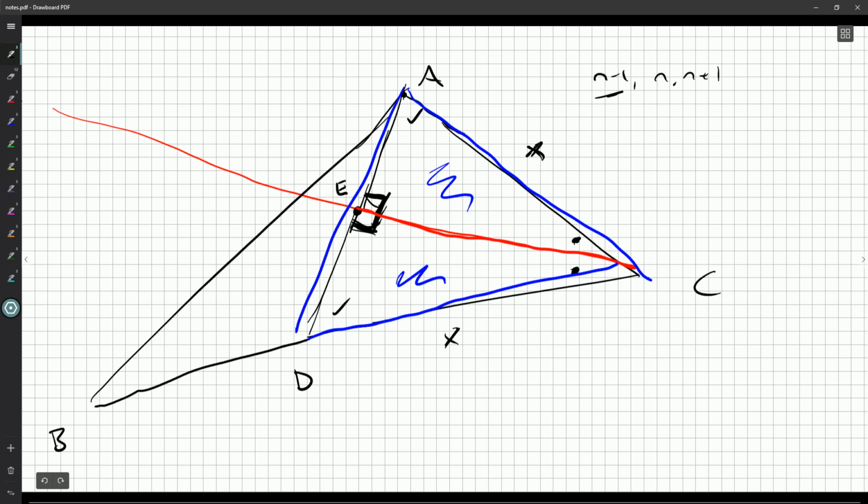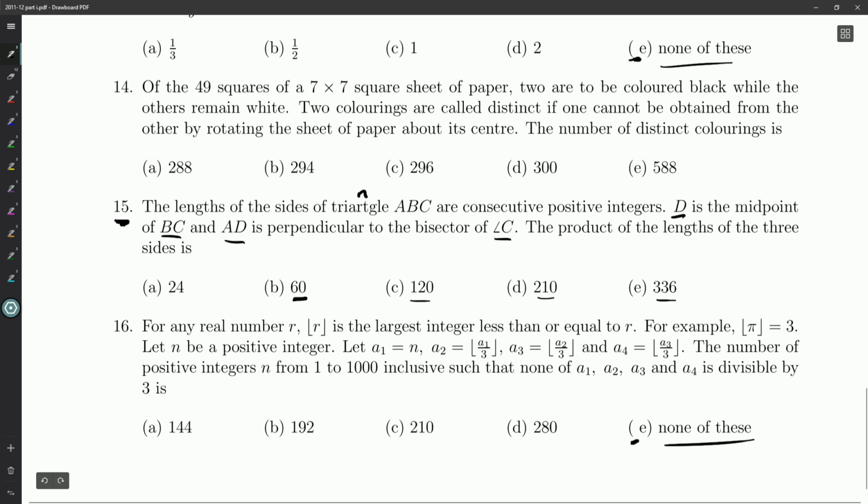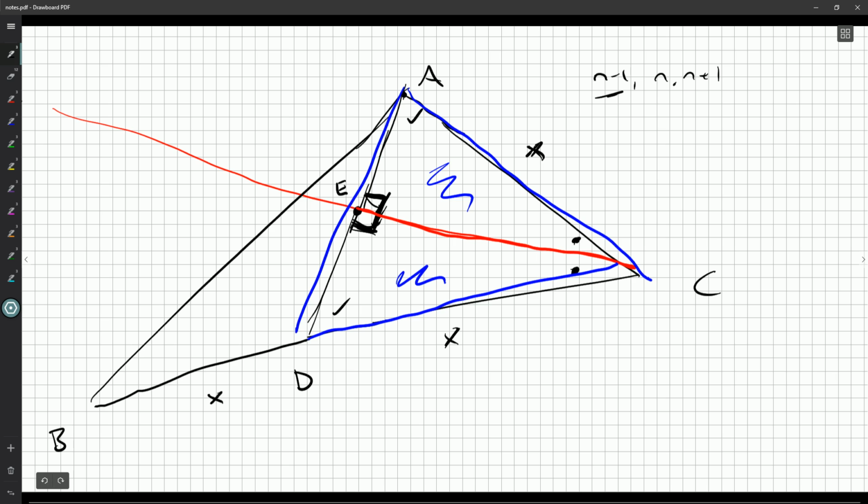So there's that relationship. I know BC is bigger than AC, but D is the midpoint, and AD is perpendicular to BC. We just used that to construct it. So this is x, so BC is twice AC.